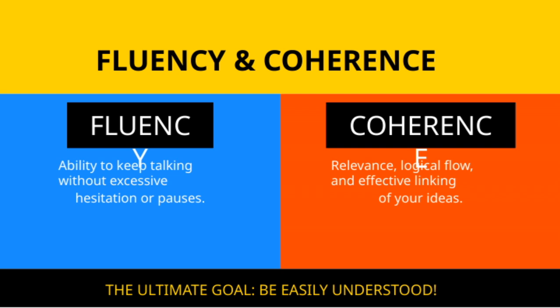And then there's fluency, being able to speak smoothly without hesitations or awkward pauses. Together, fluency and coherence form the foundation for clear communication. Remember, if your audience can follow your ideas easily and you speak confidently, your message will resonate much more effectively. So, focus on clarity, logical flow, and smooth delivery to truly connect with your listeners.